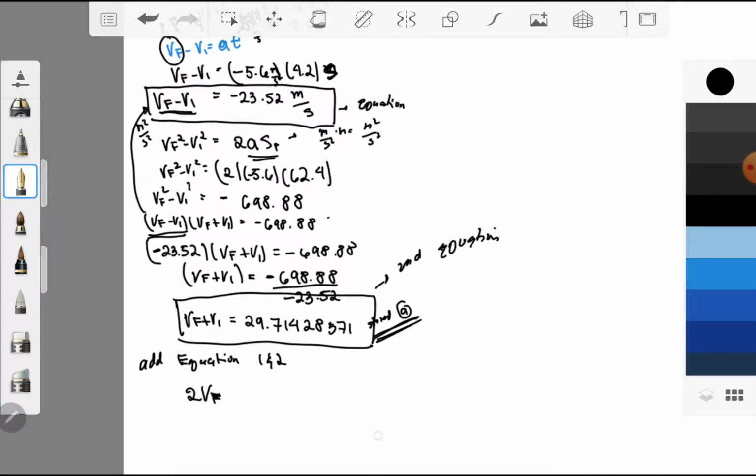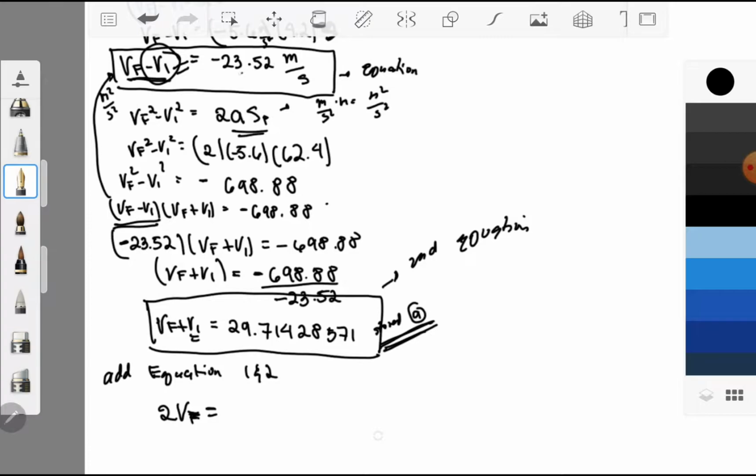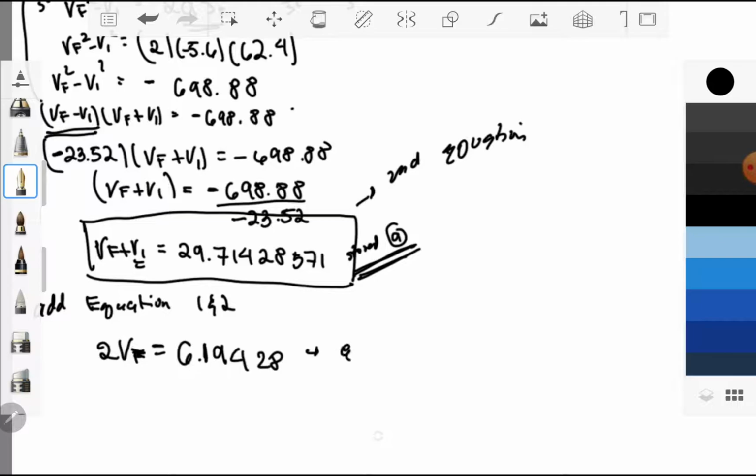And then, yung VI, negative VI plus VI is equal to 0, which is also equal to negative 23.52 plus 29.71428 or plus A. So, we'll have a value of 6.19428. So, adding equations 1 and 2.